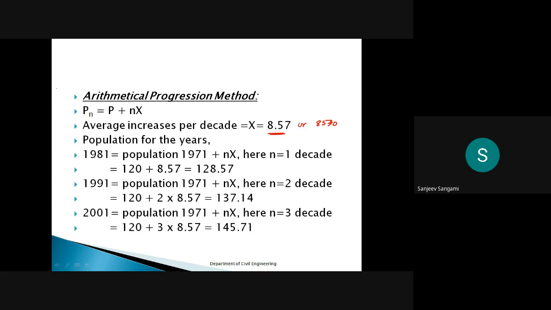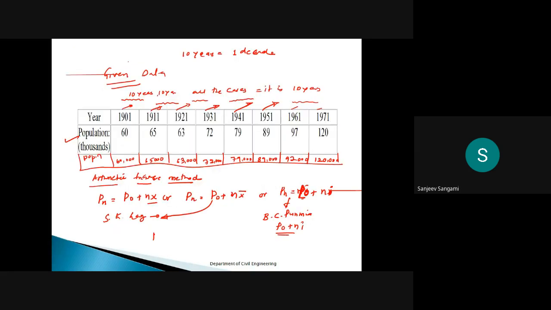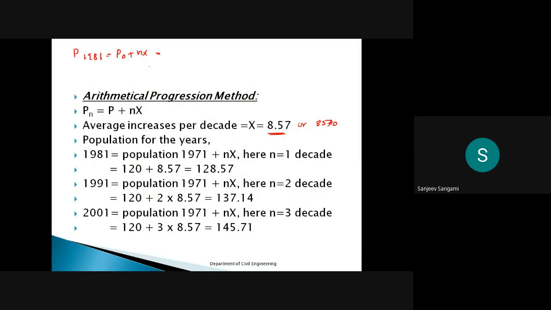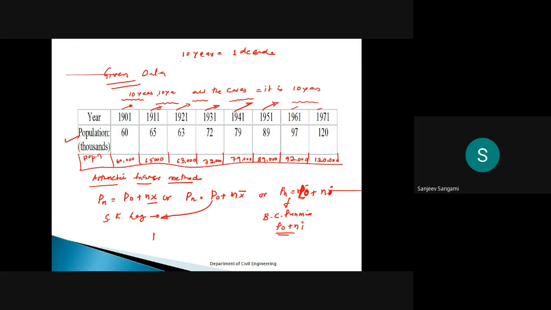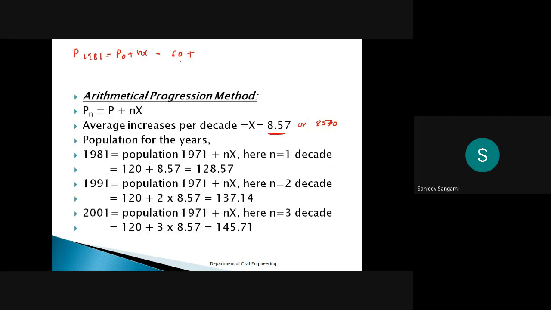So then what they asked is that at 1981, so you have to calculate it. That is P at 1981, that is equal to P0 plus Nx. So P0 is the last decade population. So what will be the population at 1971? It is 120.